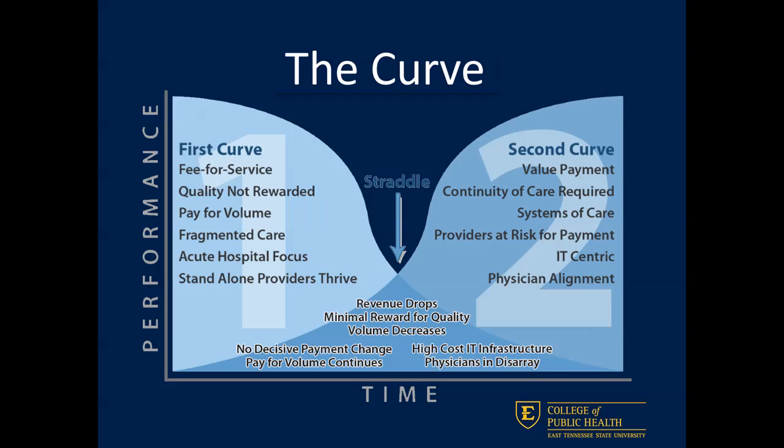Because we're being mandated to move towards more IT infrastructure, we have a lot more costs going towards IT infrastructure. And where that's hitting us is volume is decreasing. We're not seeing a lot of people come into the hospital anymore. So we're caught in this straddle where our revenue is really dropping. But as we continue to work on these quality metrics and as components of the plan get put into place, we're going to find ourselves start climbing back up this second curve.